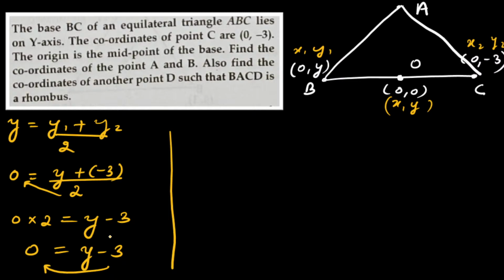Minus 3 shifted to the other side becomes plus 3. So 3 is equal to y. So y1, which I used as y, is 3. So we found the coordinates of B as 0, 3.